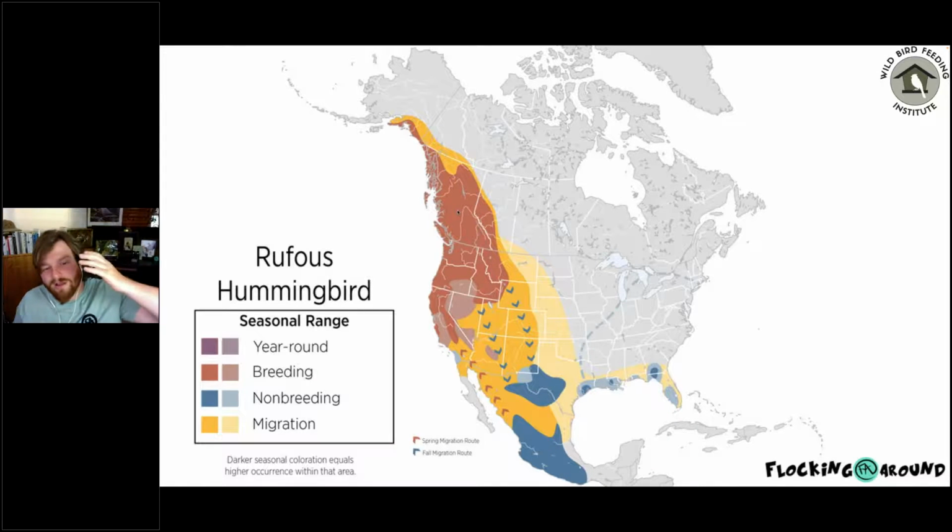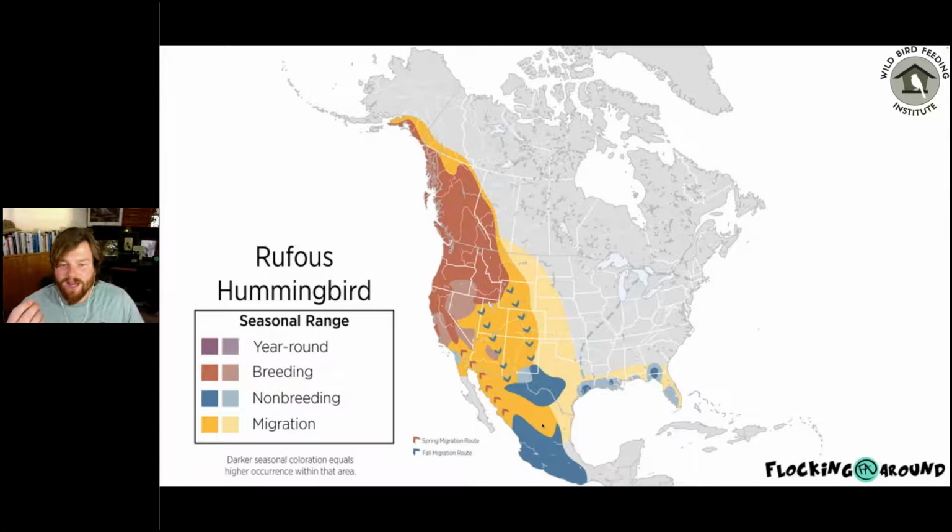But in the fall, they'll bypass that and migrate down the Rockies and follow the bloom of the montane flowers of the Rocky Mountains. And then you can see they winter all across the Gulf Coast in small numbers, and they have their major wintering areas in northern Mexico and southern Mexico. So these three hummingbirds all use different strategies and also move differently within their own migration.